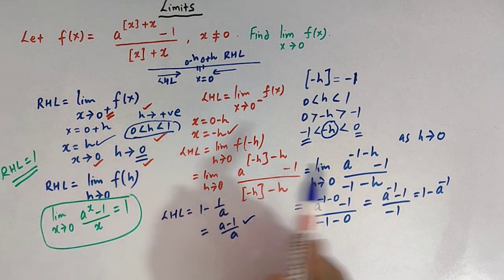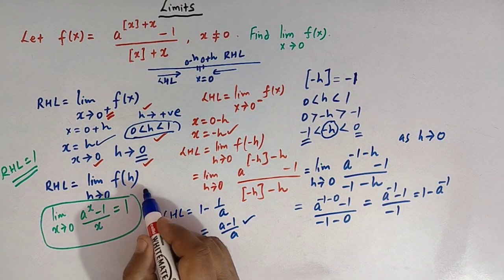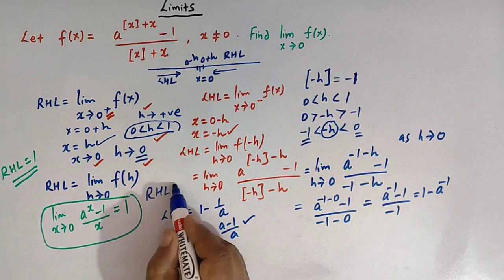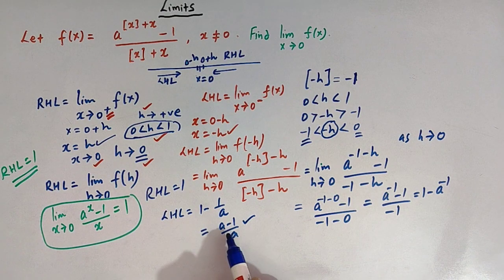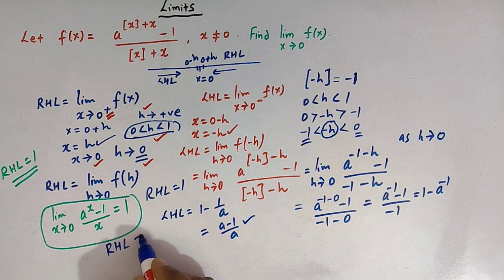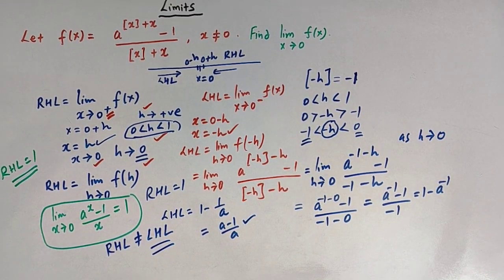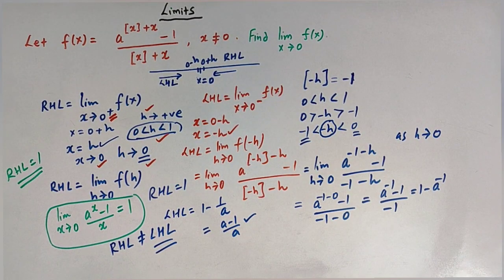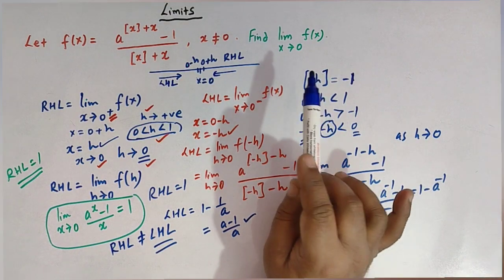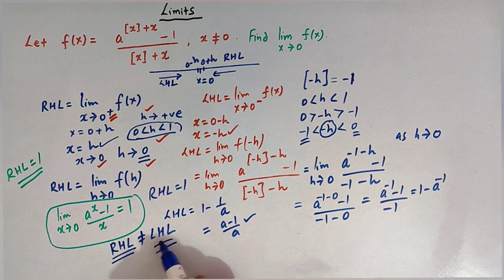So we see from this discussion that the right hand limit is 1, and the left hand limit is 1 minus 1 over a, right? And both these limits are not equal to each other, right? We know that for the limit of a function to exist, the right hand limit and the left hand limit must be equal, right?